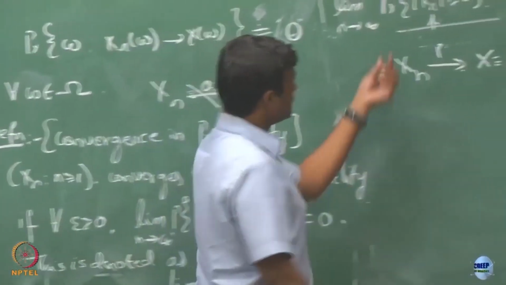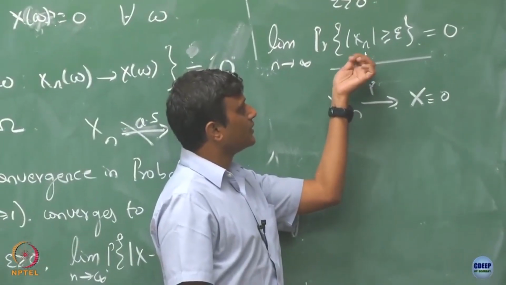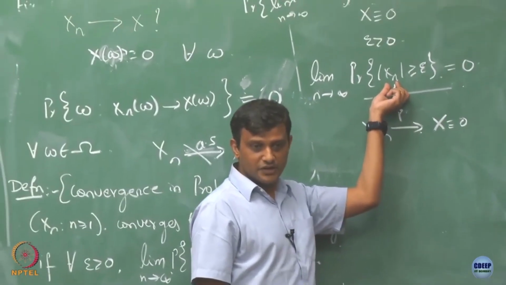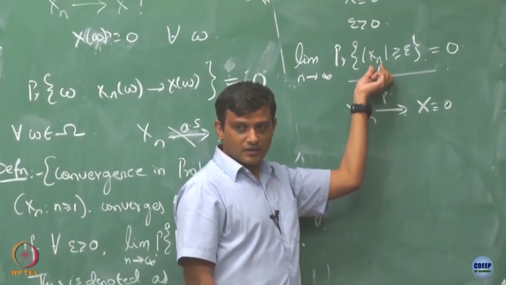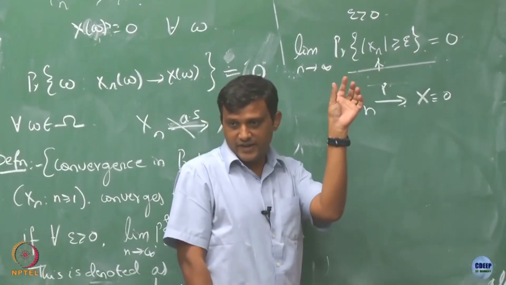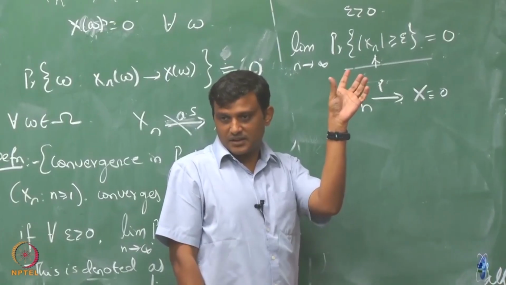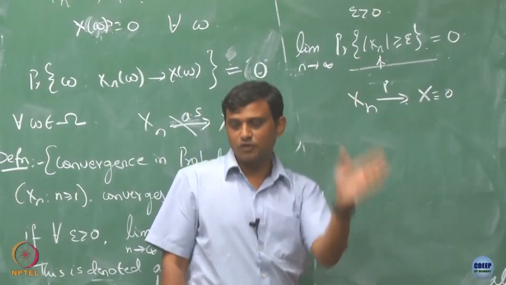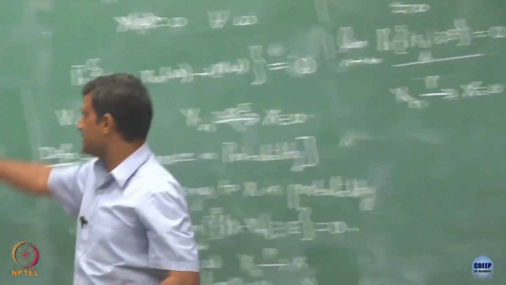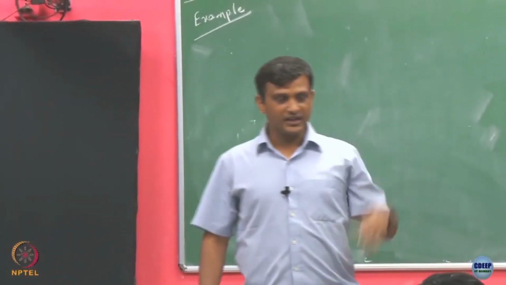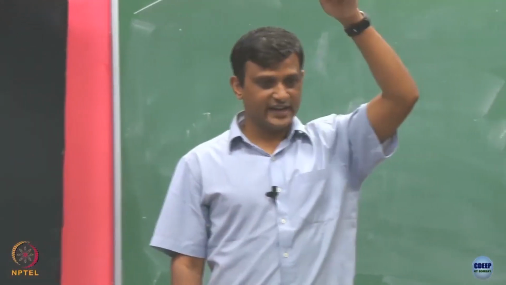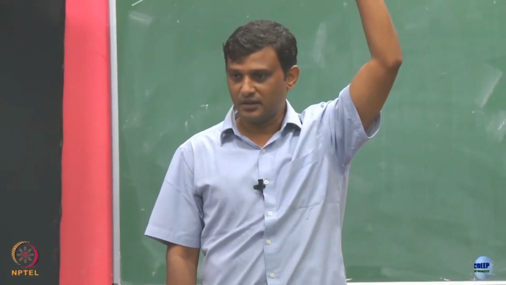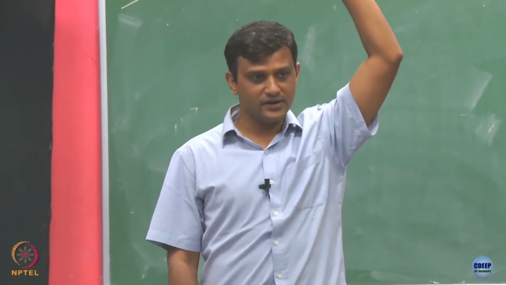But it may happen that the value it takes greater than epsilon is on a very small mass, and the value it takes on that small mass itself could be very large. For example, in all the examples I just erased, instead of letting my Xn only take up to value 1, I could let it take a very large value. Instead of 1 I can make it 100, 200, whatever, right?